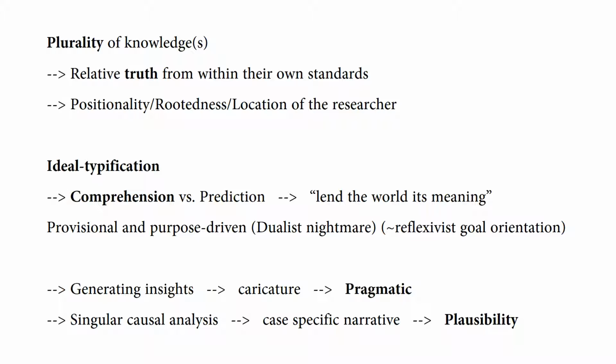So in conclusion, ideal types are means for constructing case-specific explanations, which come in the form of these case-specific narratives, and ideal types are not ends in themselves. They're always tools, they're always pragmatically oriented towards generating meaning, lending the world its meaning.